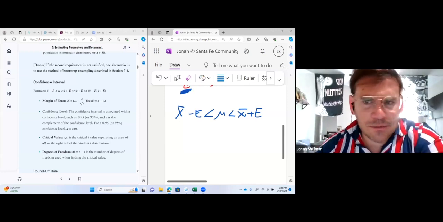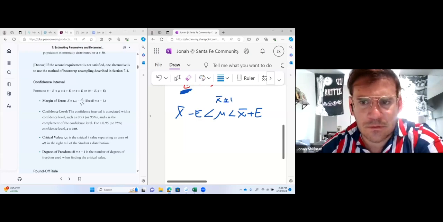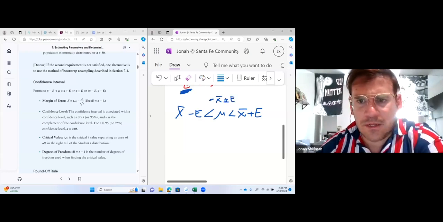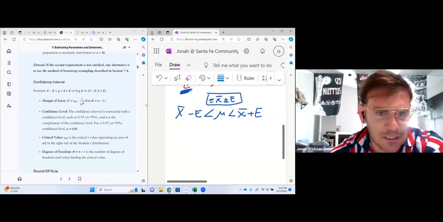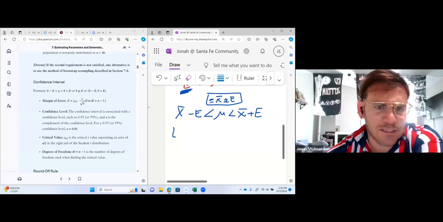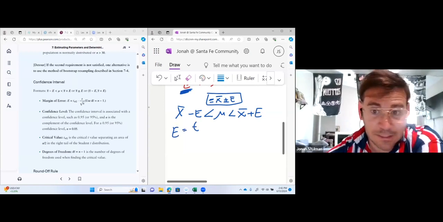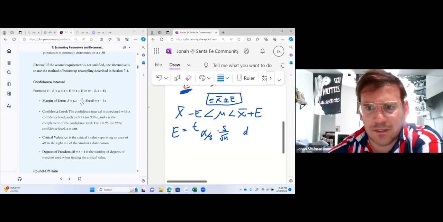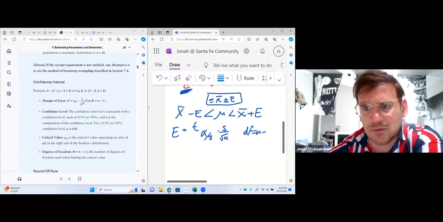You could use the other one: your sample mean plus or minus E, or use this. How do you get that margin of error? Is that a t-statistic? Do we finally get one? That'd be really nice. We've only used Z before. E equals t times S over the square root of n.